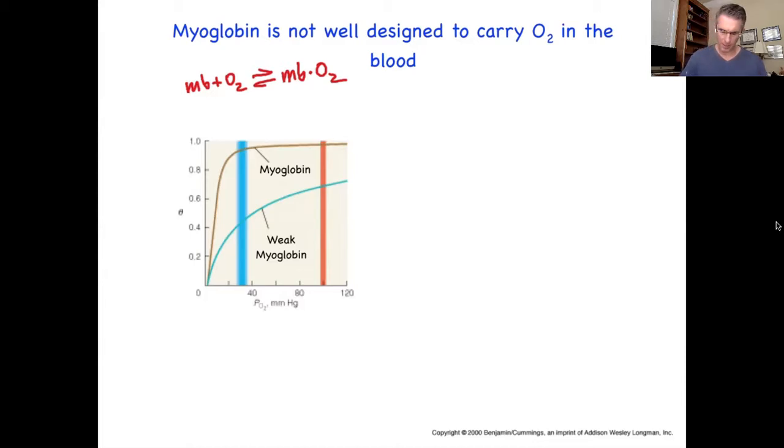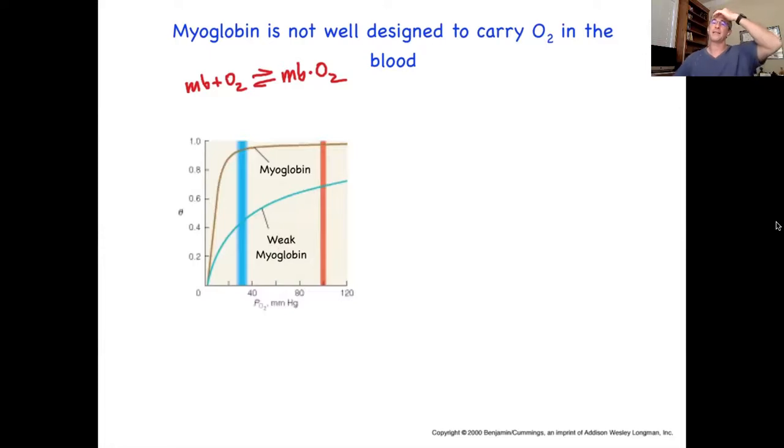Myoglobin will happily, beautifully load up with oxygen at arterial pressure, but look what happens over here at venous pressure. It won't let go. The affinity is so high that even at venous pressures, it's still holding on to 95% of the oxygen that it bound. It won't let go. It's useless. If your oxygen transport system from your lungs to the peripheral tissues was built around a system that looked like this, you're dead. It's not going to work.